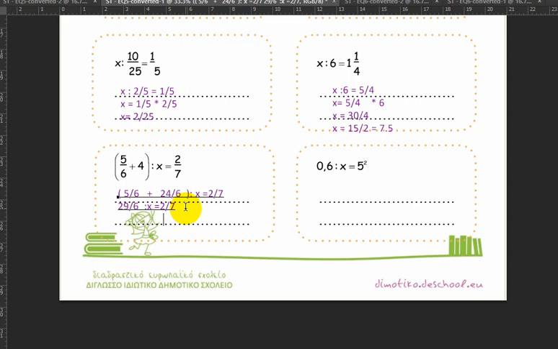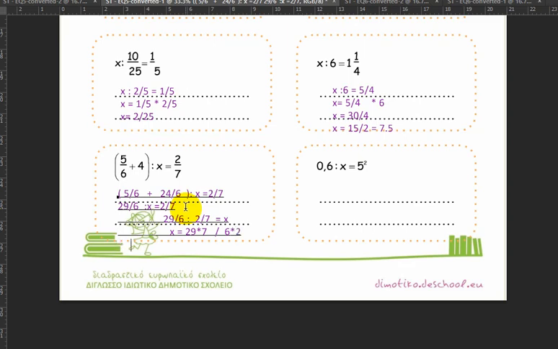That means that 29/6 divided by 2/7 must be equal to x. Therefore, x must be equal to 29/6 times 7 halves. So 29 times 7 over 6 times 2.